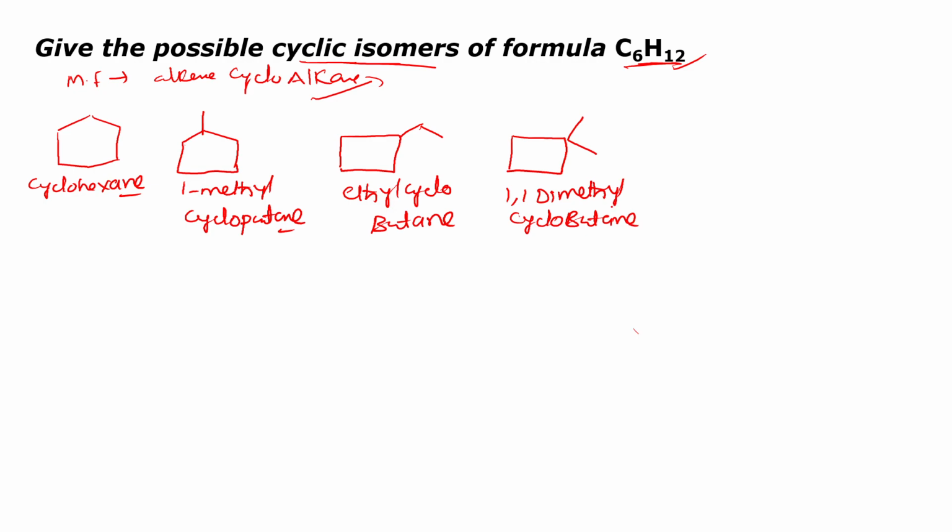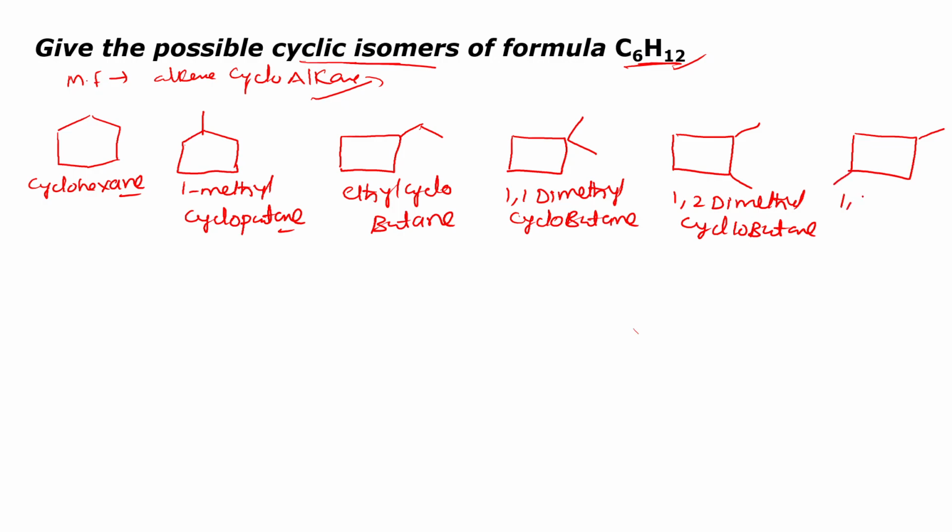So I would like to change the position of the methyl groups here. Hence I would like to write 1,2 dimethyl cyclobutane. Then I would like to change the position of methyls again: instead of 1,2, I would like to take 1,3 dimethyl cyclobutane.